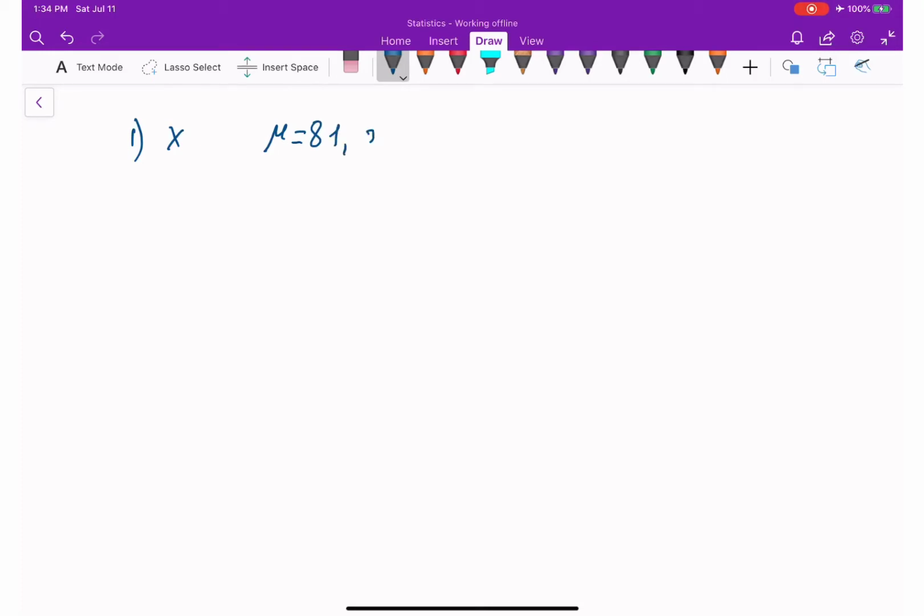Standard deviation is 4. We need to find the probability of x value less than 79.